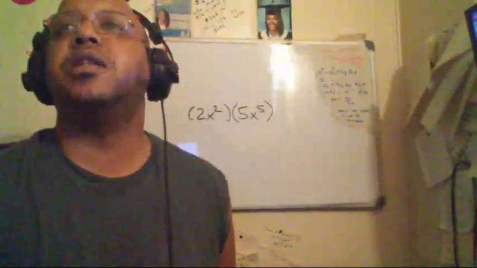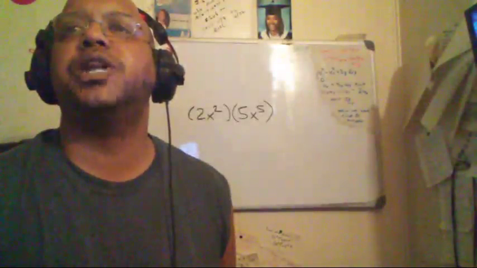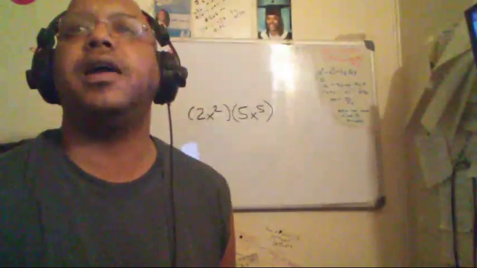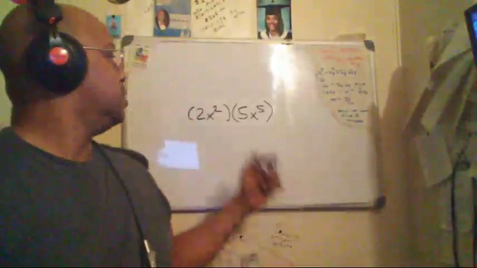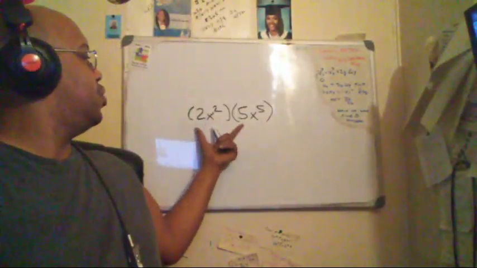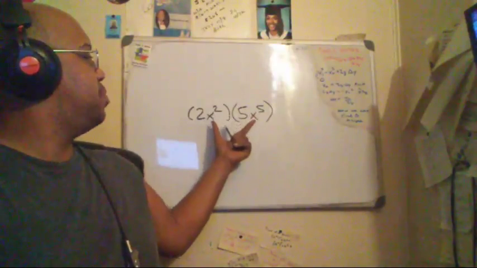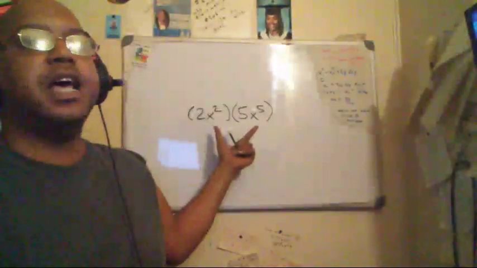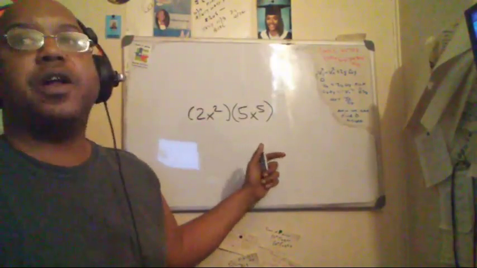Basically, what we do with that is we're just going to add the exponents. The 5 and the 2 are going to be multiplied together, and then we're going to add the exponents. So this would be 10x to the 7th. All right, so that would be the final answer.